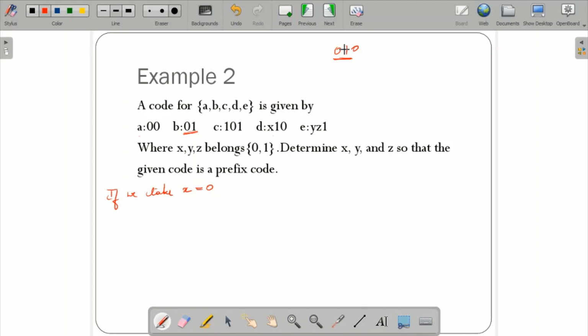So if we take X equal to 1, then D is nothing but 110. So this is acceptable. Now for Y and Z.